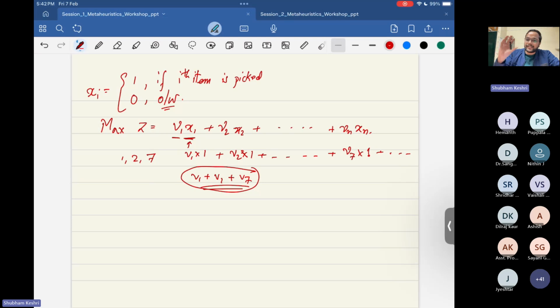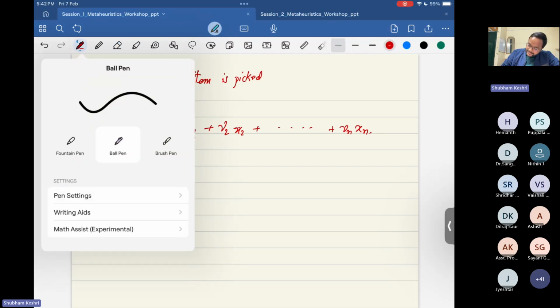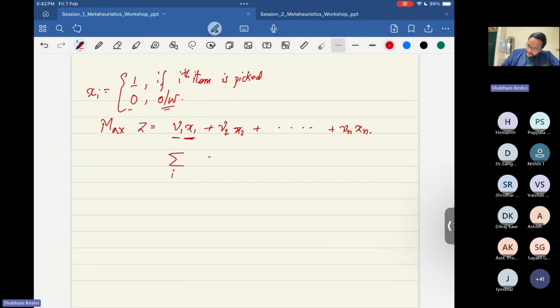So this objective function captures the value he is getting, given the values of the variables, which variable is taking what value. So this is the objective function v1 x1 plus v2 x2 dot dot dot vn xn. In short form, you can write it as summation i equals 1 to n of vi xi. Maximize this objective function.